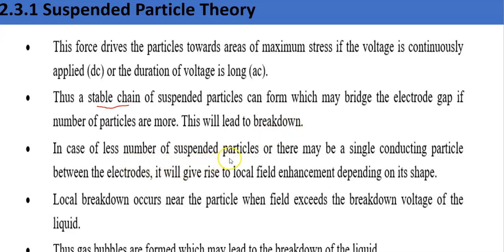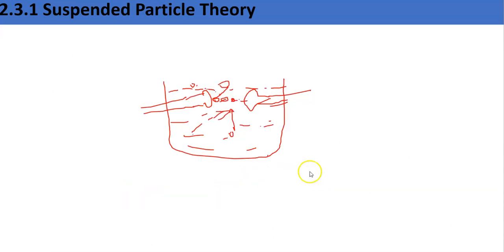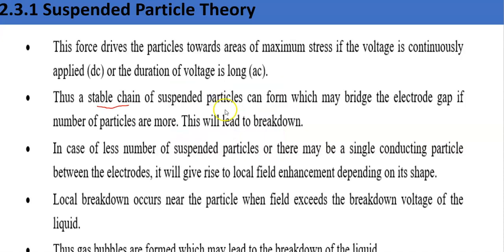In case of fewer suspended particles, suppose a chain is not formed, there may be a single conducting particle between the electrodes. It will give rise to local field enhancement depending upon its shape. If only one particle is there, it will burn out. Breakdown of that particle will take place and that will lead to gas formation in the liquid, meaning some weak products in the liquid, and it will go on enhancing.